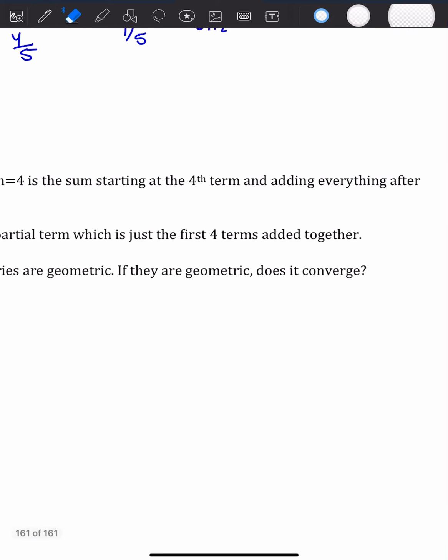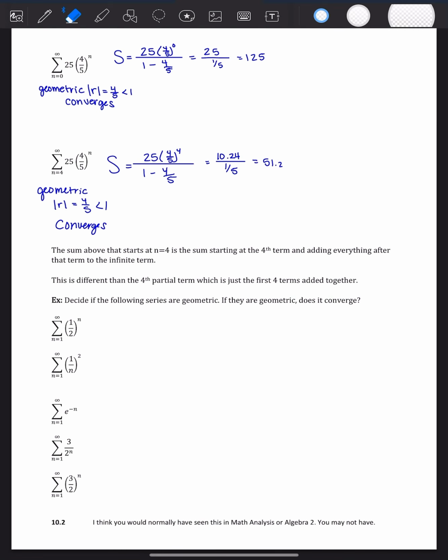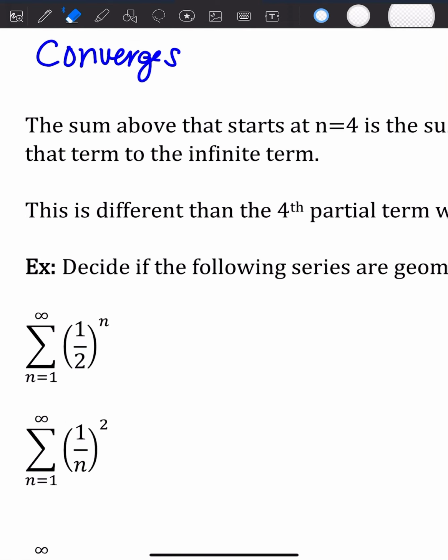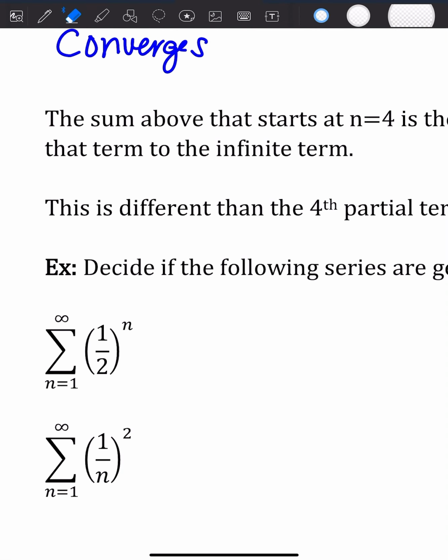Okay, so this last part, we are going to decide if the following series are geometric, and if they are geometric, does it converge? It's not even asking if it converges to something specific, just does it converge or not. So is it geometric? What we're looking for is a number to a power.